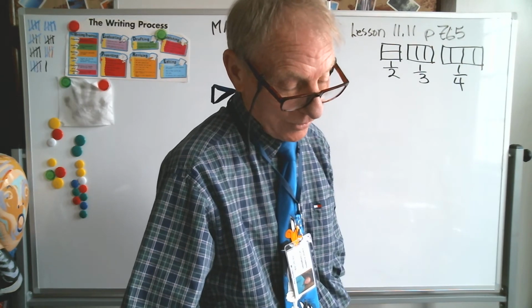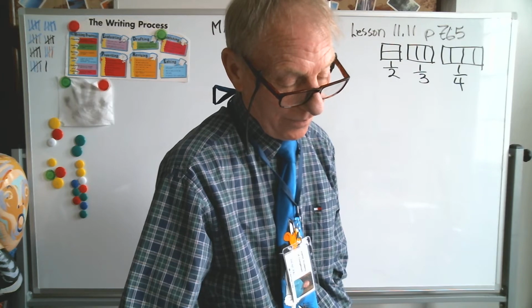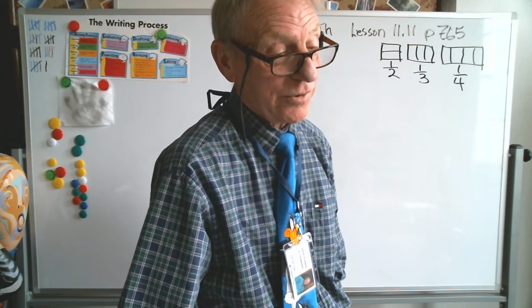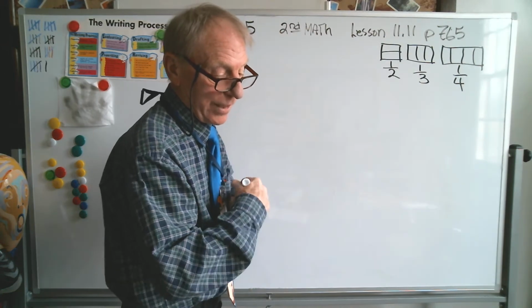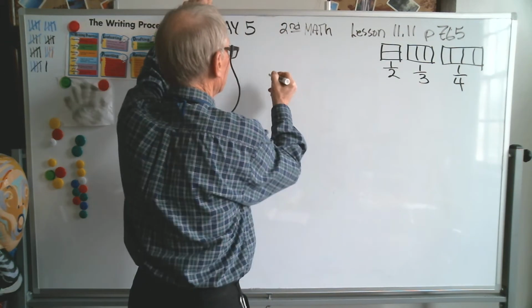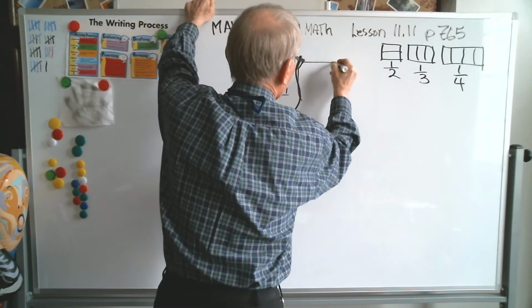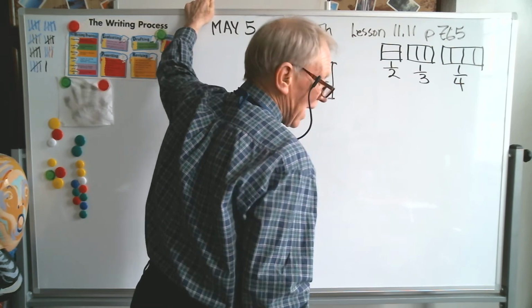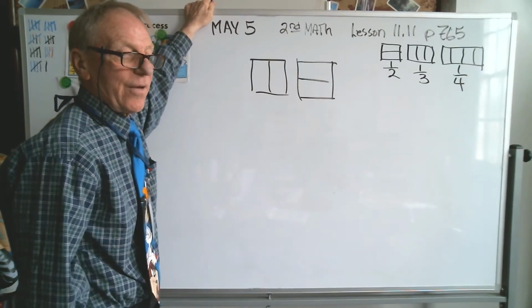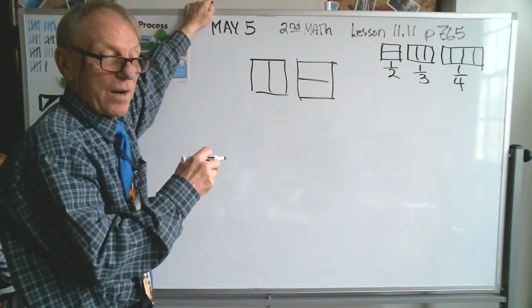Mrs. Lee has 2 sandwiches that are the same size. She cuts each sandwich into halves. How many equal parts does she have? So they've made it into a little math problem for you. So we got 2 sandwiches, and those 2 sandwiches are cut in half. Doesn't matter how they're cut, as long as the 2 parts are equal.